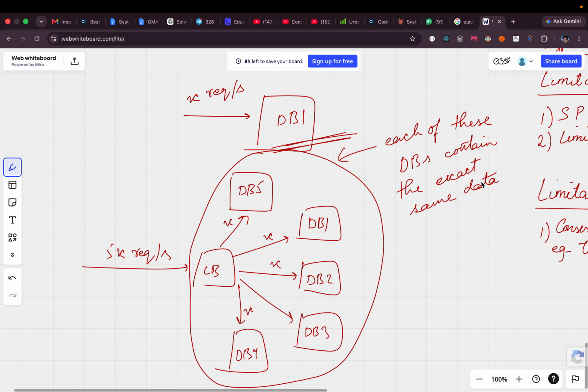So that is what we want. Each of these databases contain the exact same data.